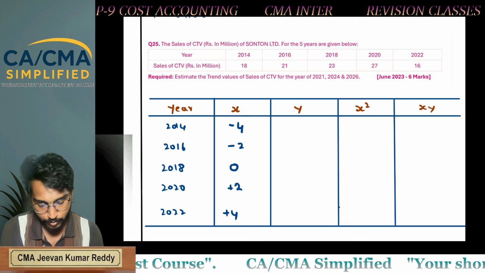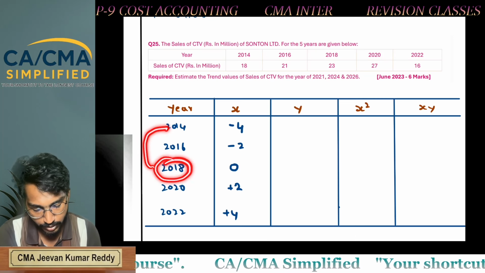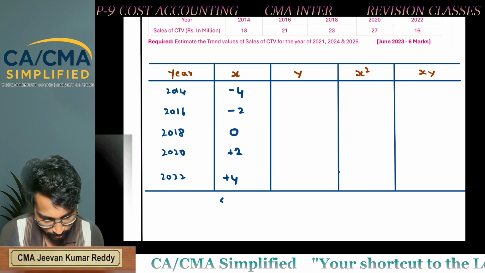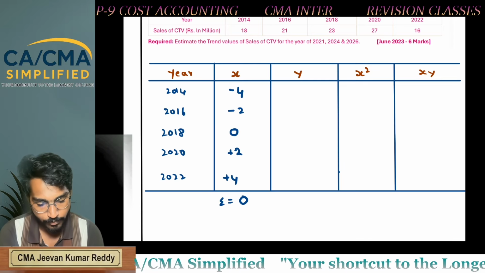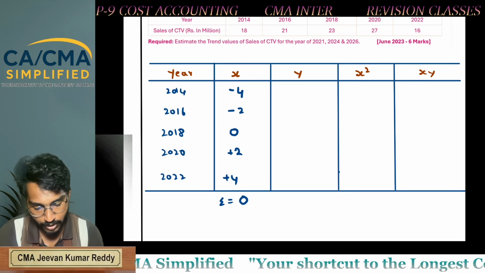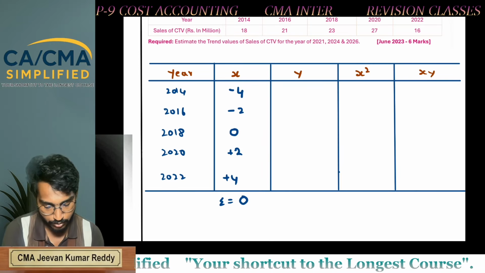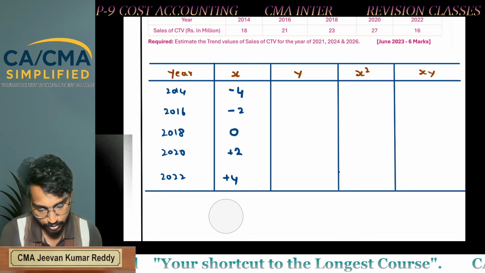Now summation x is equal to 0. So make sure that this x must be 0. Summation x must be 0.